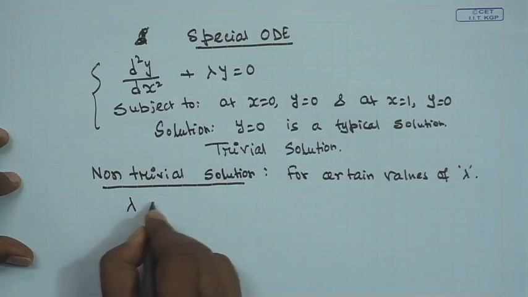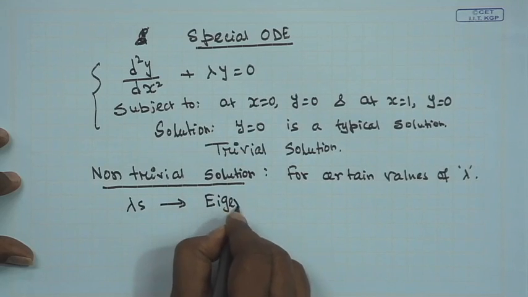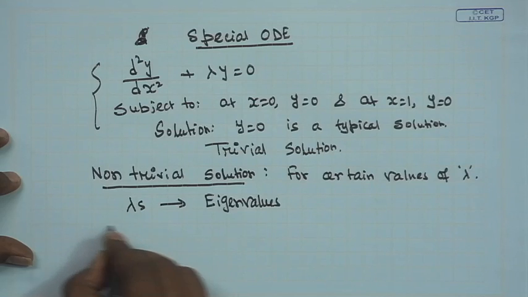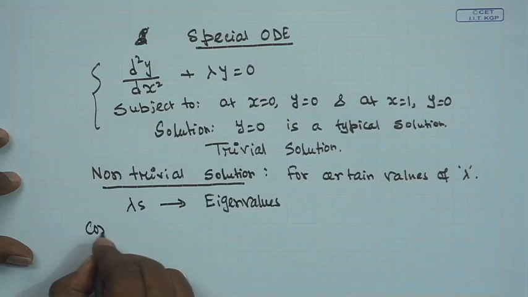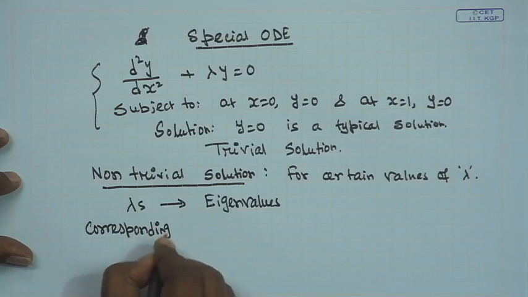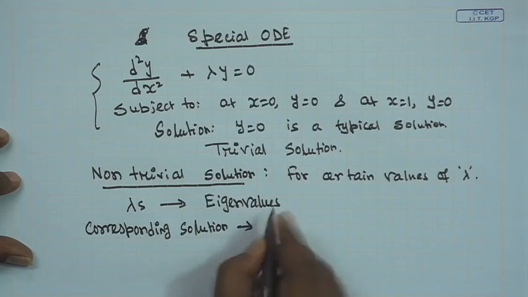So, these lambdas are known as the eigenvalues, and the corresponding solution is known as the eigenfunction.